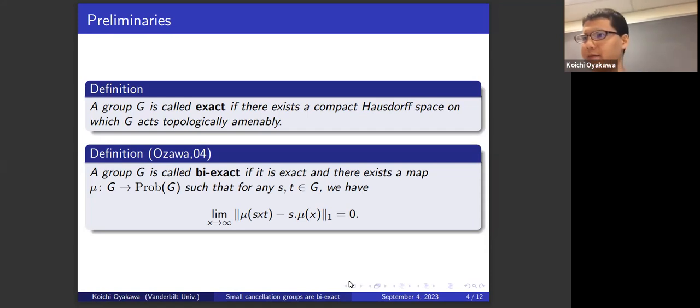By the way, x going to infinity means that x escapes any given finite set of G. In other words, it goes to infinity in the one-point compactification of the group G. So bi-exactness is a property that is in between amenability and exactness. It's weaker than amenability, but it's stronger than exactness.